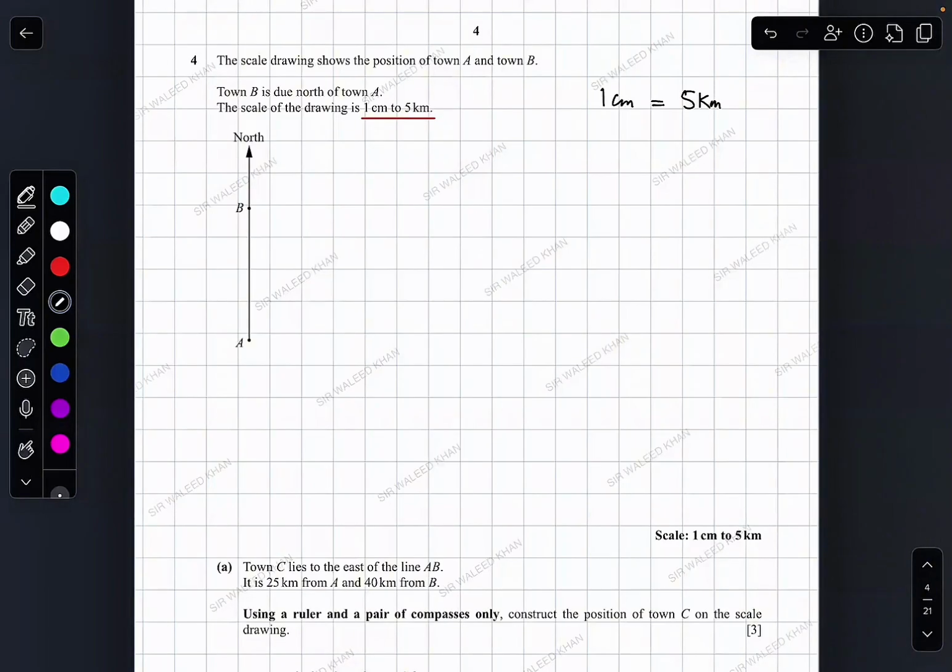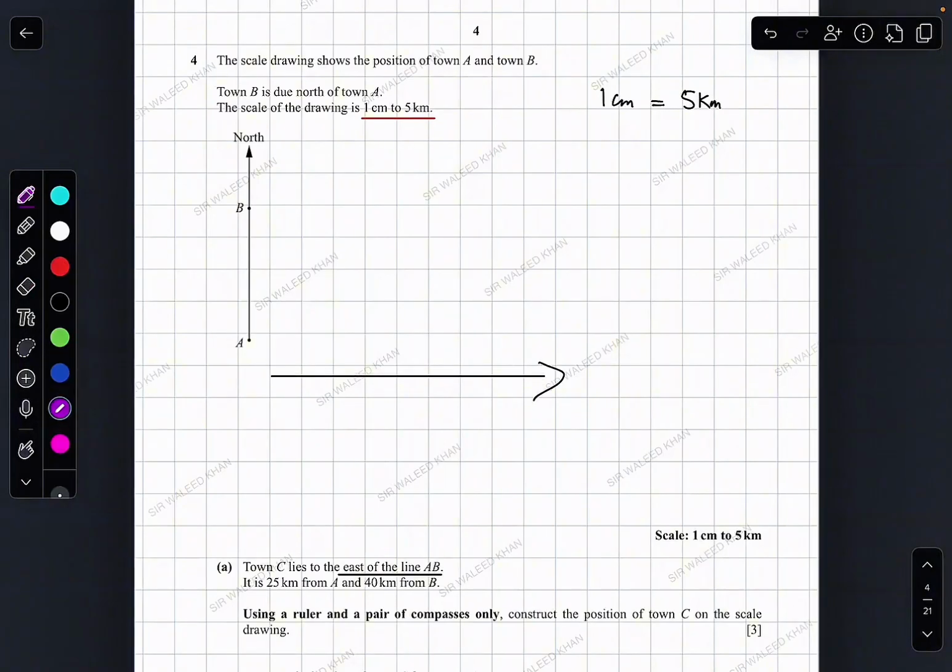Town C lies to the east of the line AB. East over here. We can't draw it over here. Left पे नहीं कर सकते, west पे नहीं कर सकते. It is 25 kilometers from town A and 40 kilometers from town B. So what we are going to do is we have to figure out the distance of town C from A first.